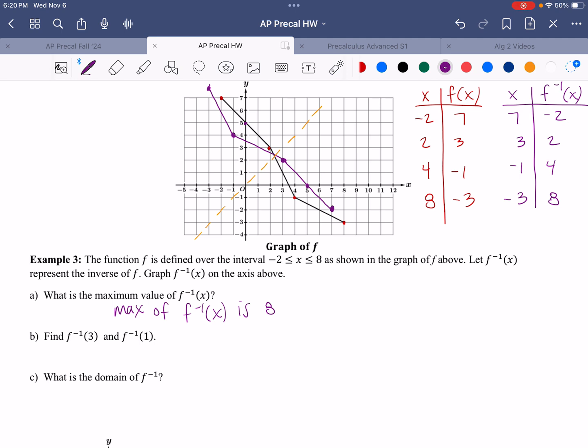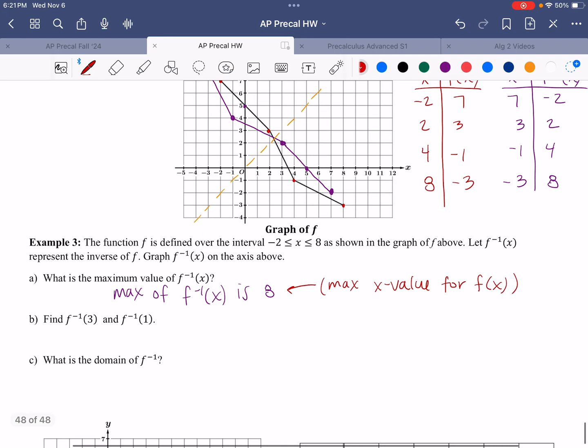But remember, what that means is that is also the maximum x value for the original f of x. So the maximum y of the inverse was the maximum x for the original.